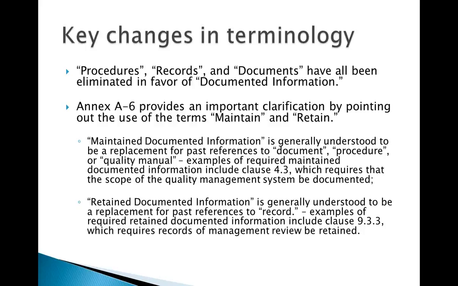And there's obviously numerous examples within the standard, including 9.3.3, which requires that records of management review be retained. So be on the lookout for those phrases, maintained documented information, or maintained as documented information, and then retained documented information.